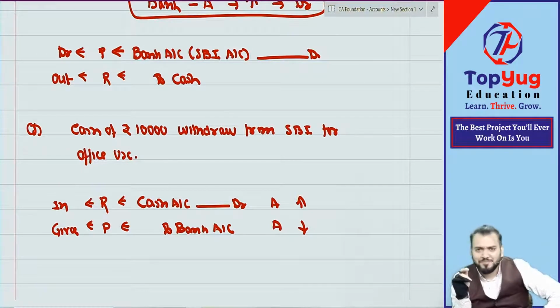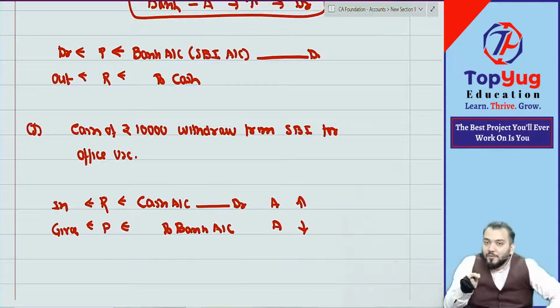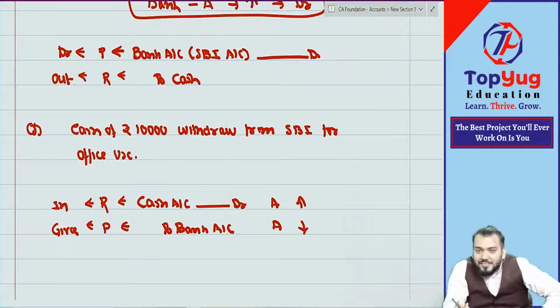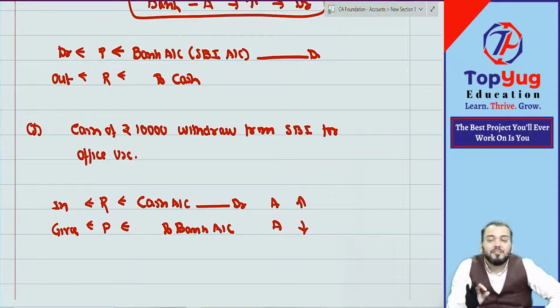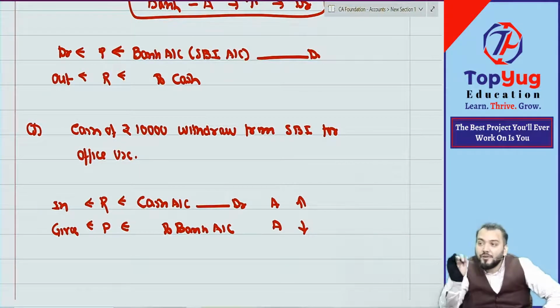I said if owner introduces cash into business, then what? Capital account. If owner withdraws cash from business, then drawing account.